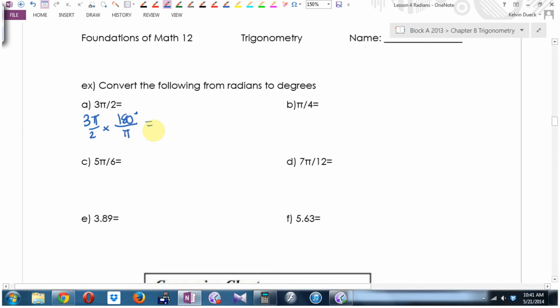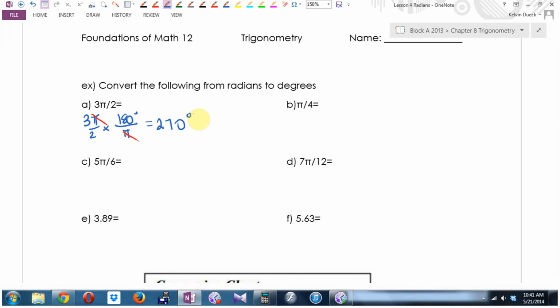Now, how many pi's are there on top? 1? How many on the bottom? It's going to be 3 times 180 divided by 2, which is what on your calculator? Do it, please. 270 degrees. 3 pi by 2 is 270 degrees.